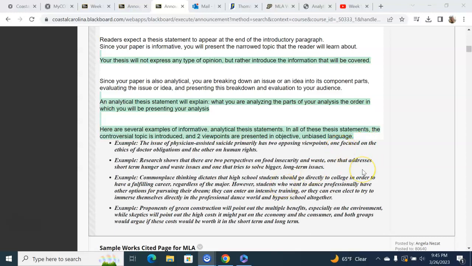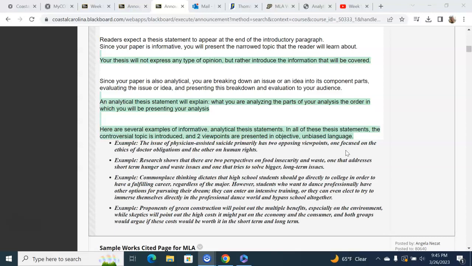I have 4 samples here. I want you to carefully take a look at these on your own and see how I present the controversial issue, and then I let the reader know that there are 2 viewpoints or 2 perspectives, and I give a very brief description of those 2 perspectives.